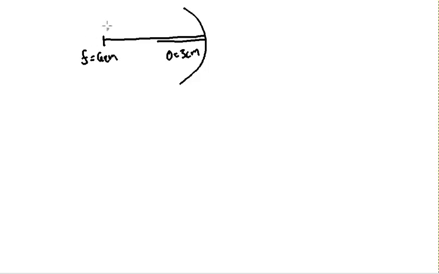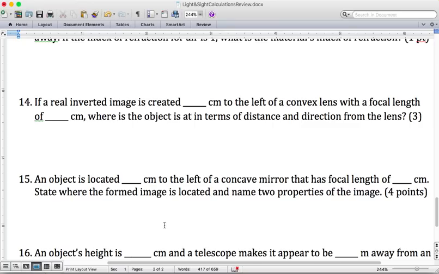So what that means is a ray that was traveling parallel to this principal axis is going to reflect and pass through this point 6 centimeters away. Okay, that's what the focal length means. Alright, so we want to find the image distance, but we also want to know two properties of that image. So where it's at and name two properties.